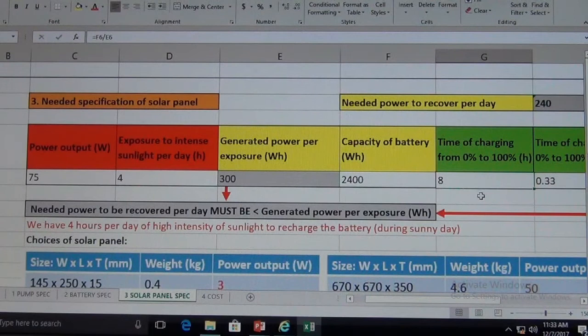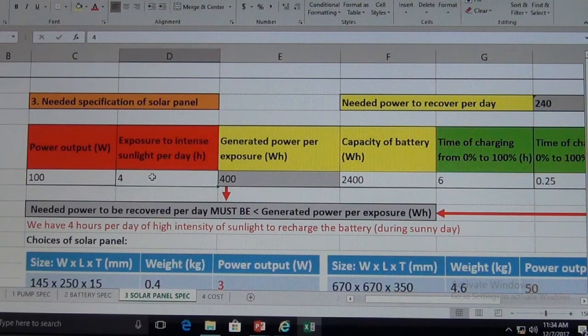About 8 hours. If time really bothers you, then increase the power output. Change the specification to a higher spec, and you get 6 hours. Remember, we only have 4 hours per day. It means that we cannot charge the battery to full within 1 day, because time is our enemy.